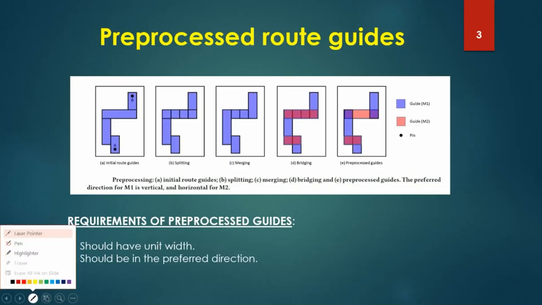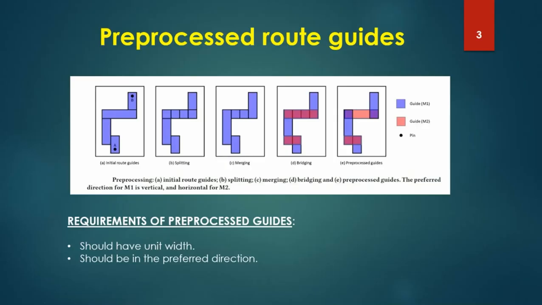Just draw it for a better visualization. So M1's preferred direction is vertical. So if you see, this initial route guide has how many route guides? This 1, 2, 3, 4. Out of these 4 route guides, these 3 route guides, this, and this, are all in the preferred routing direction.